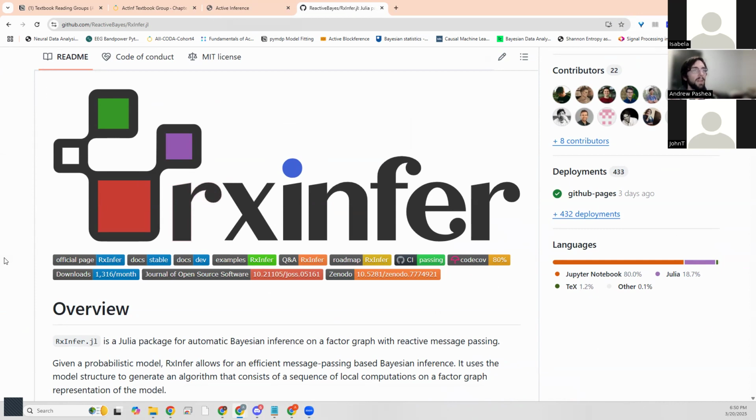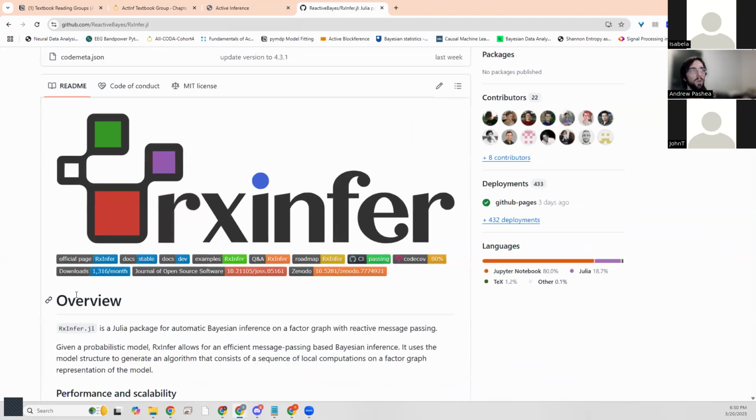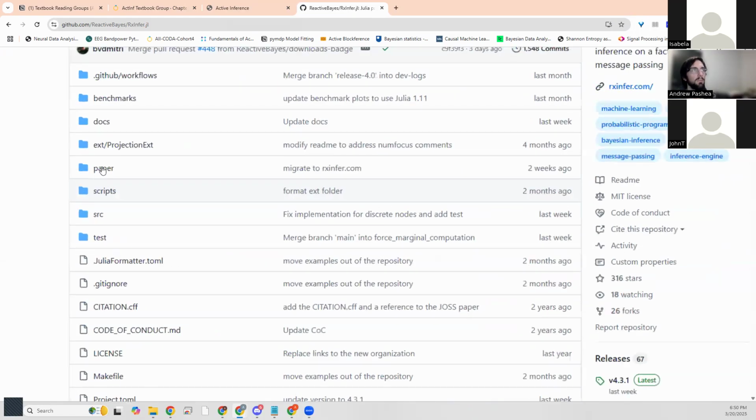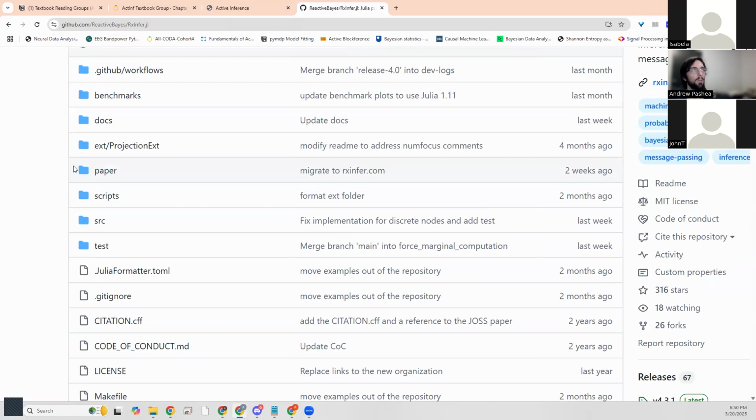A rather active group has formed around it for anyone who is interested. We're looking at applying, learning and understanding it, as well as giving feedback to the developers for this package.